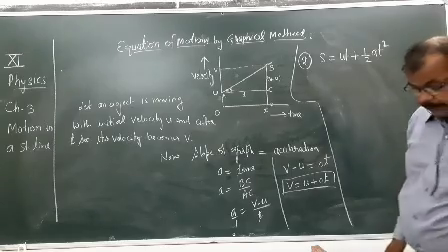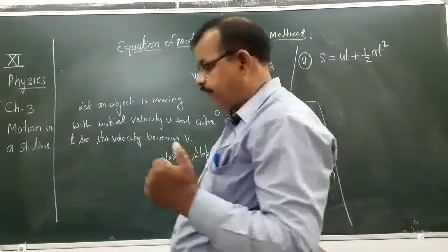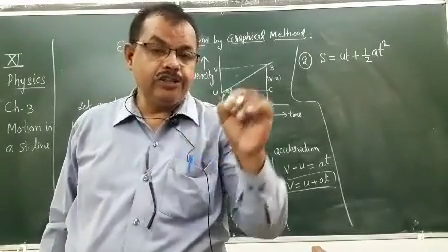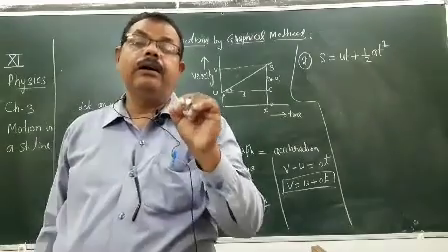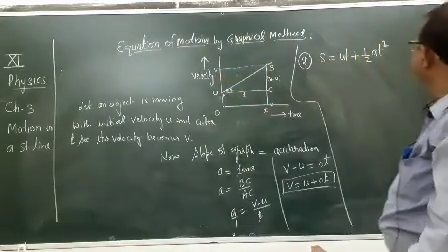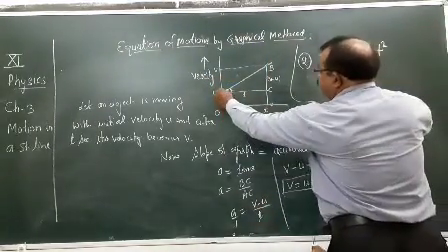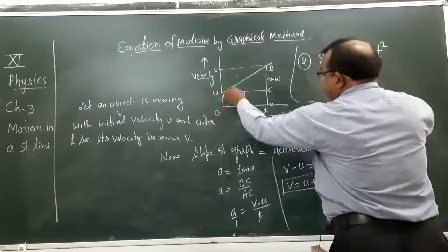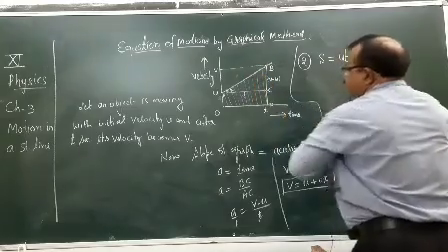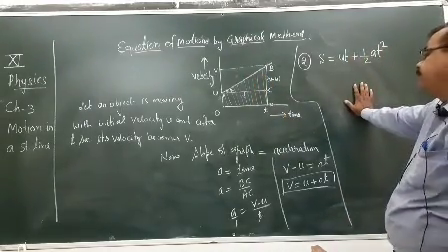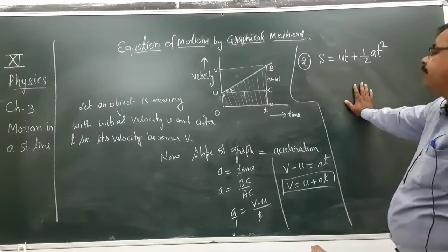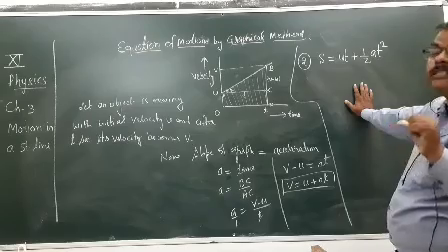So children, in previous lecture we have seen the area of the velocity time graph gives the displacement. What is the area? This is the area. Area of graph, which graph? Velocity time graph gives the displacement.